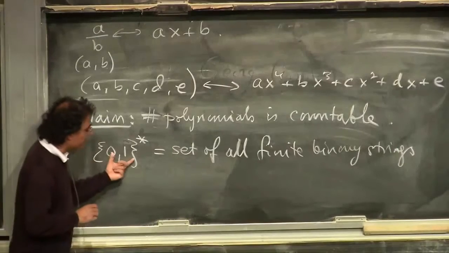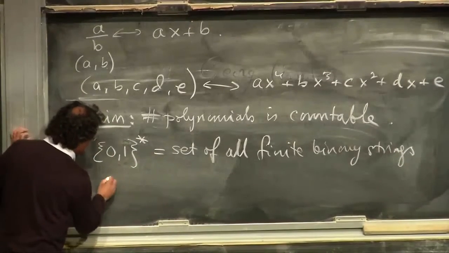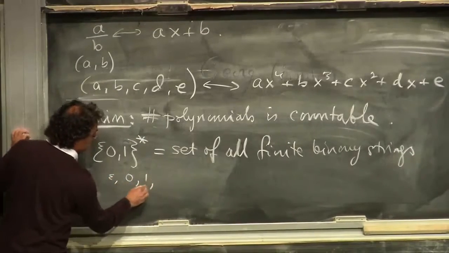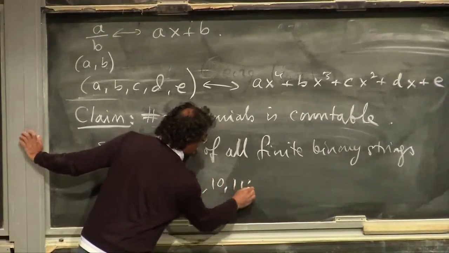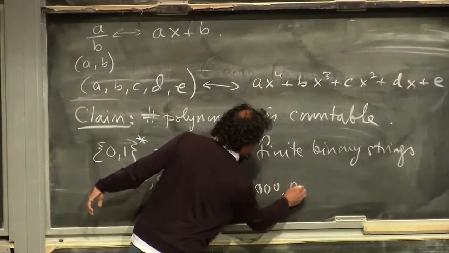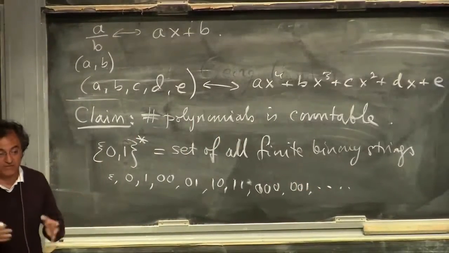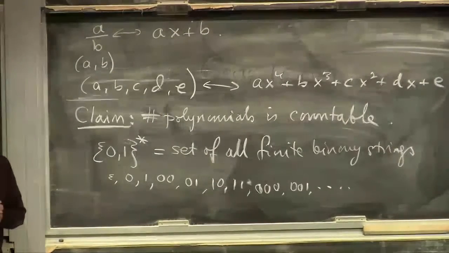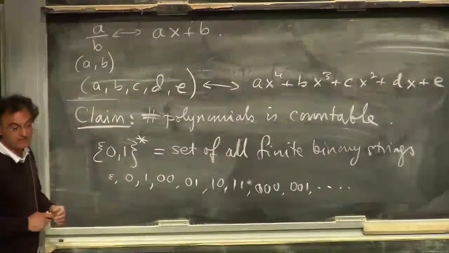So what's the set of all binary strings? They're of the form: the empty string, the string 0, the string 1, 0 0, 0 1, 1 0, 1 1, 0 0 0, 0 0 1, etc. You get the idea. It's all possible finite strings of zeros and ones. So how do we know that this is the same as the number of natural numbers?